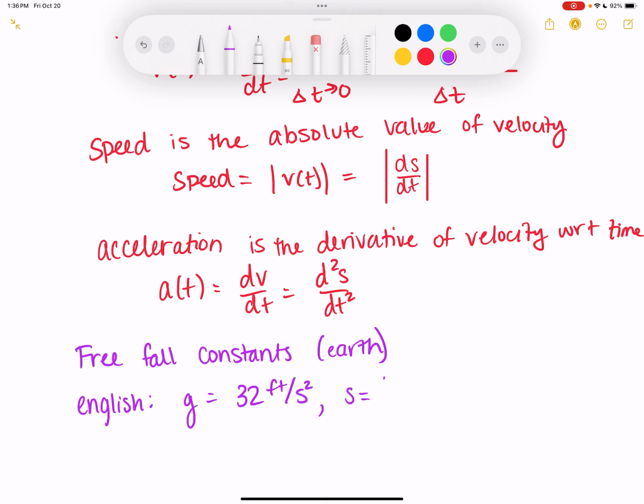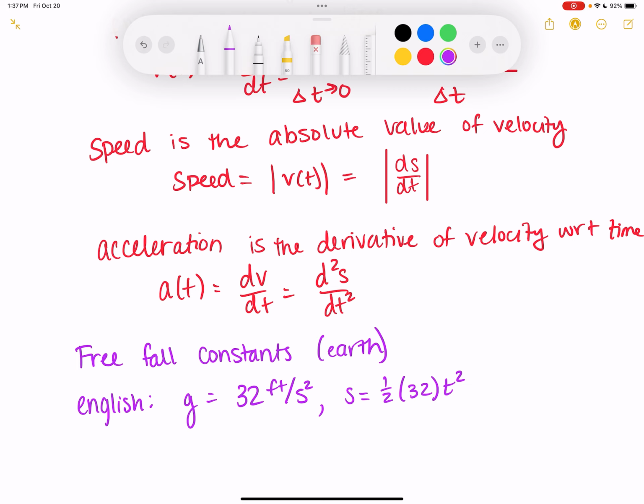S is equal to 1/2 times 32 t squared. And how did I get to this? How do I get from here to here to get the acceleration? Take the derivative first, that gives me 32t. Take the derivative again, that gives me 32.